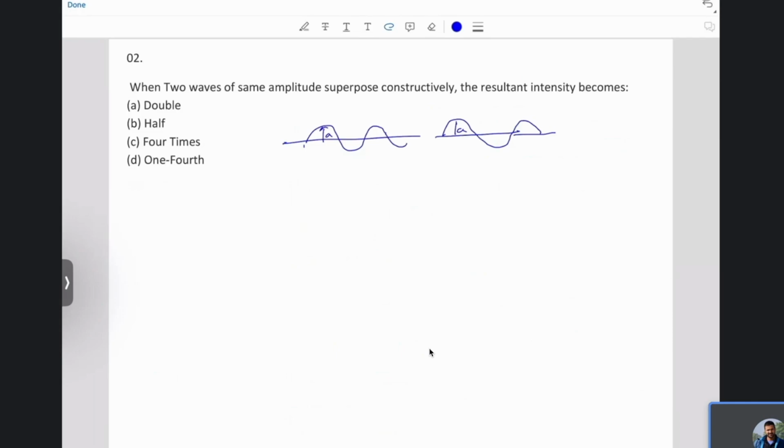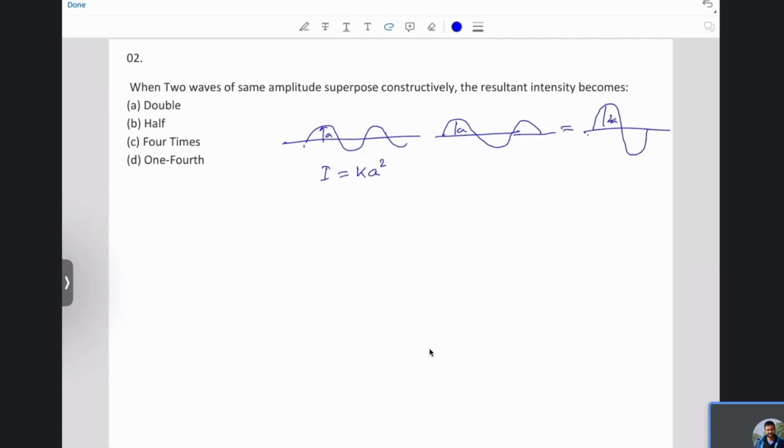In that case, the amplitude will become just double, 2a, and intensity is proportional to the amplitude squared.